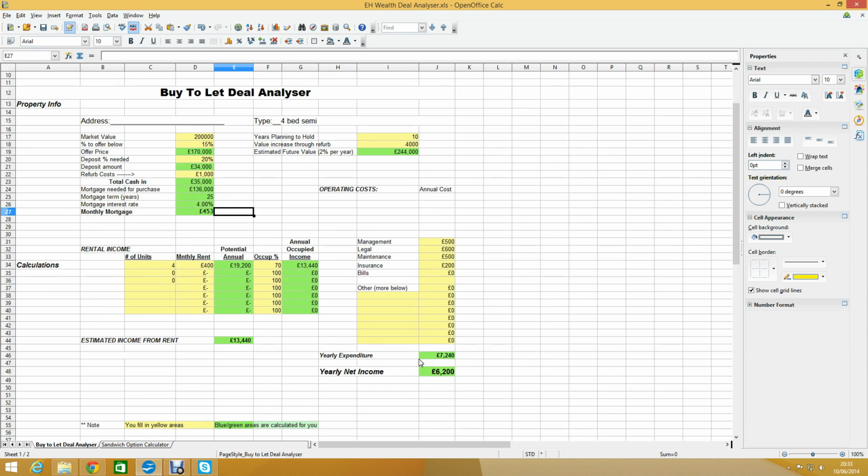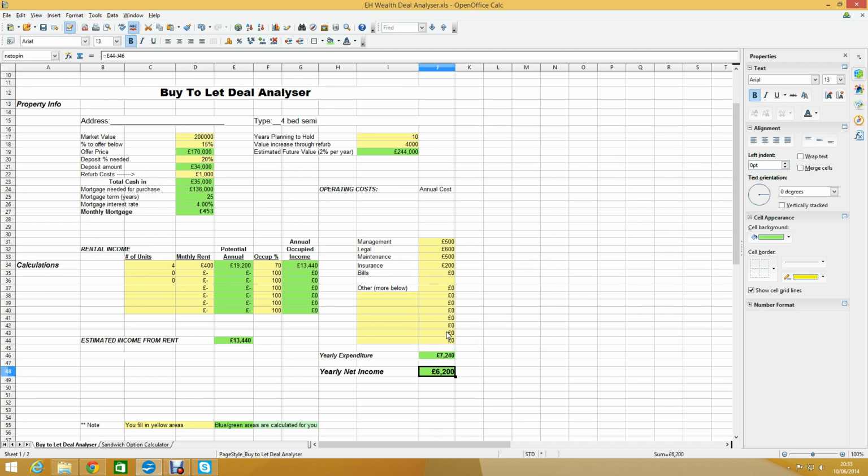Then what it does is it spits out a couple of figures for you. It comes out with your yearly expenditure, which is your monthly mortgage plus all of those other costs. And then after that, we've got the all-important figure, how much we're going to make a year on this property, which is basically the estimated rental income minus all the expenditure.